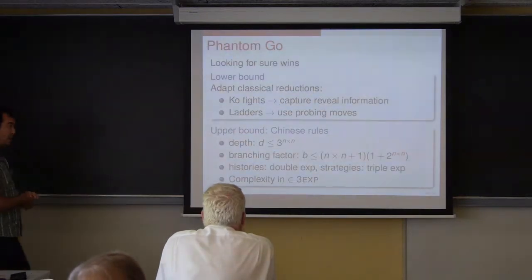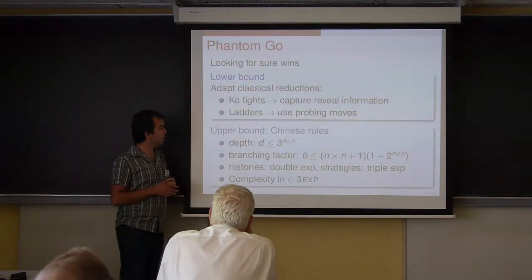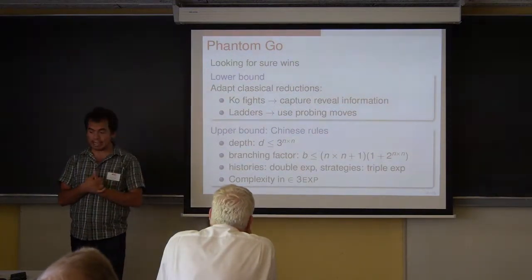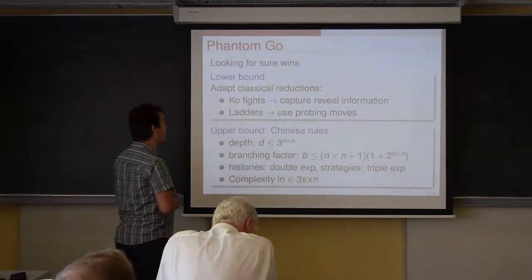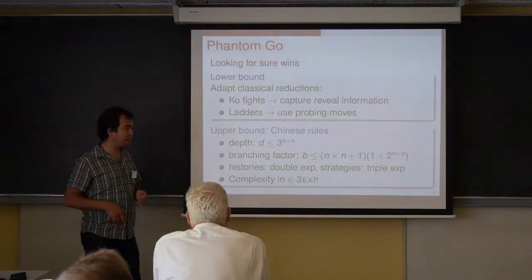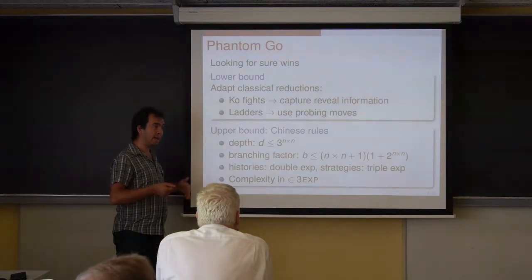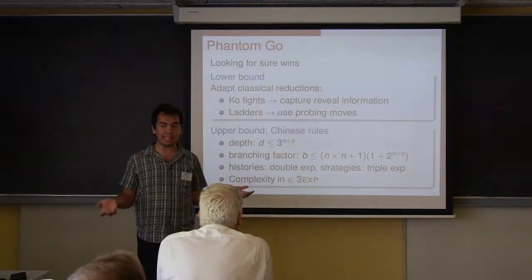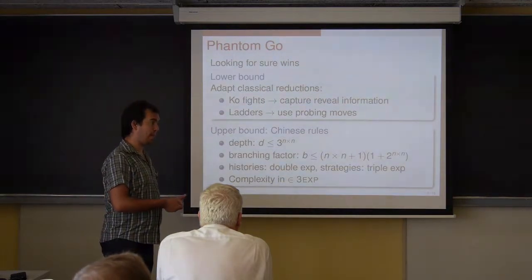As for Phantom Go, the exact problem we're looking at is looking for a sure win. And for the lower bound, we can adapt the previous reductions by saying, we take Robson's 1983 proof, which involved ladders and kos. When you have a ko, you have a capture. And when you have a capture, the referee tells you which stones disappear. So you get information that way.